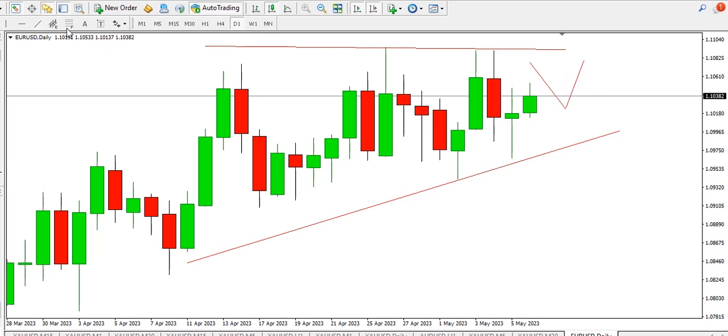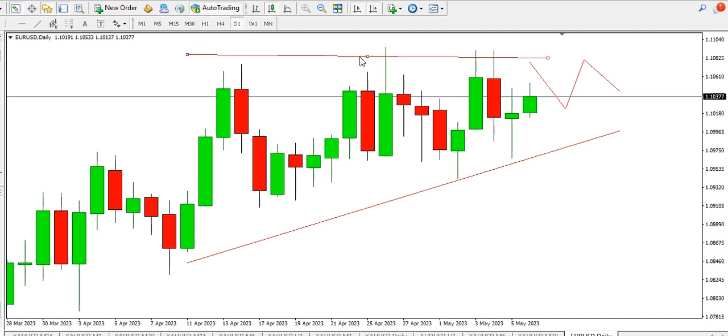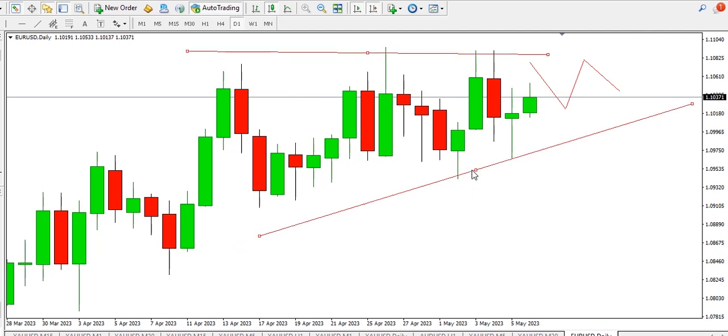When you have a breakout, you now enter your trade. But we have traders that trade ranges, range traders. Range traders will place their sell orders here and sell when price goes up to make some profits, and they will place their buy orders here and buy when price touches it to make profits. That's for range traders.